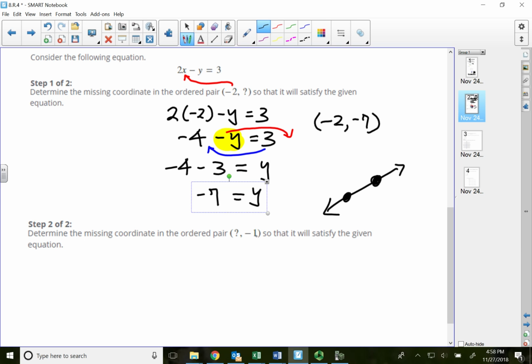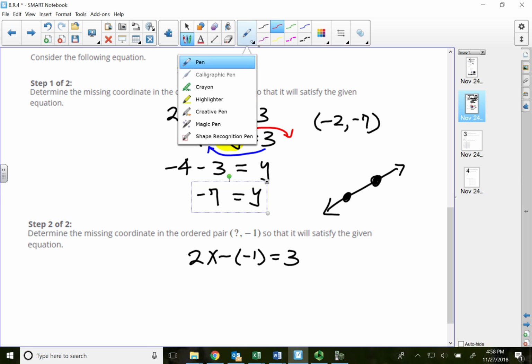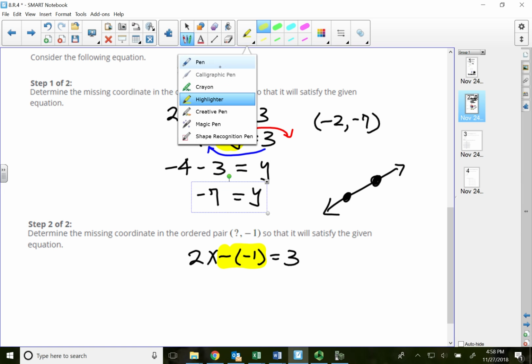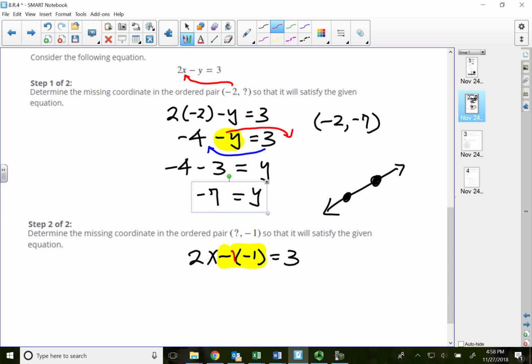So this time it tells me that the y value is -1. It's given me a y value of -1, so our job is to find the x value. So I'm going to replace, and this is where we've got to be careful, replace y with -1. So that will be 2x minus, all right, substitute -1 for y. So this second term is really -1 times -1, which actually becomes +1.